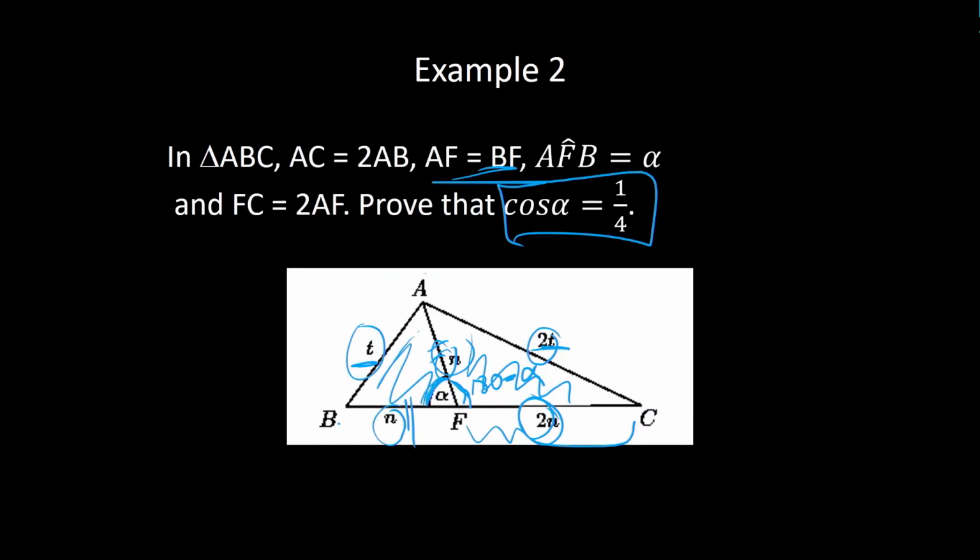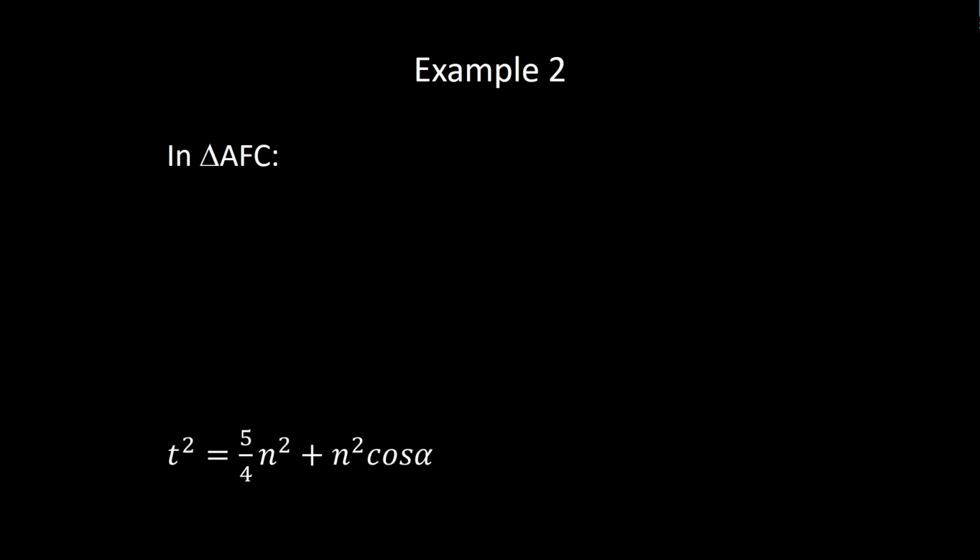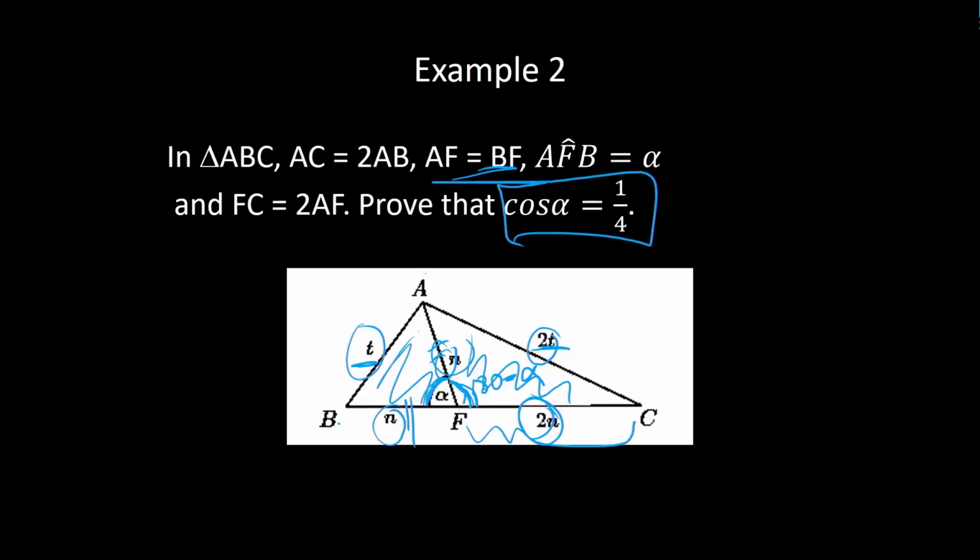Next, we're going to work in triangle AFC. And because I've got this angle F here, I could perhaps think, well, let me use the cos rule and work out my sides. So I could say, okay, well, cos of angle AFC is equal to, and then do that whole formula. So let's see how it works. Let's see what we decide to do here.